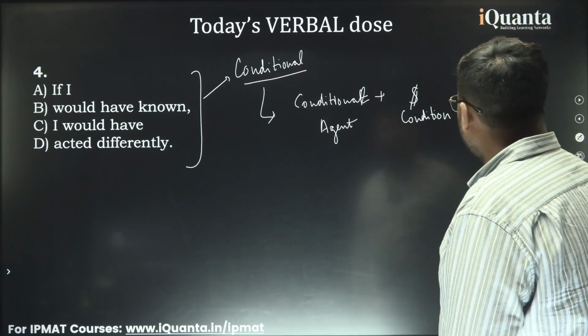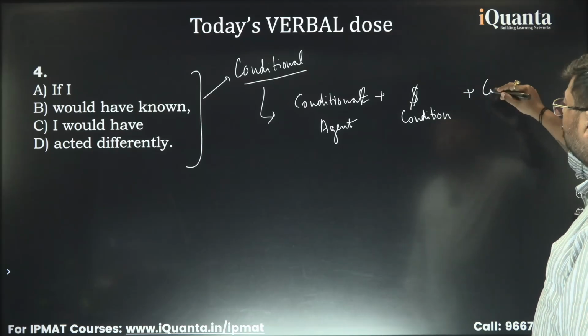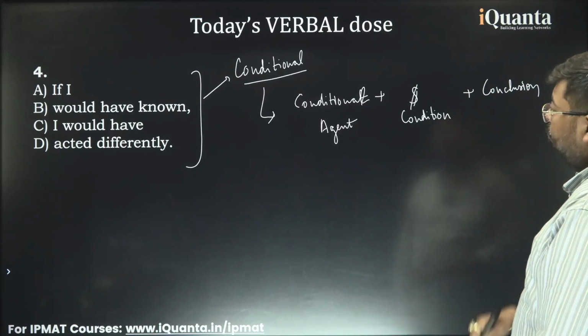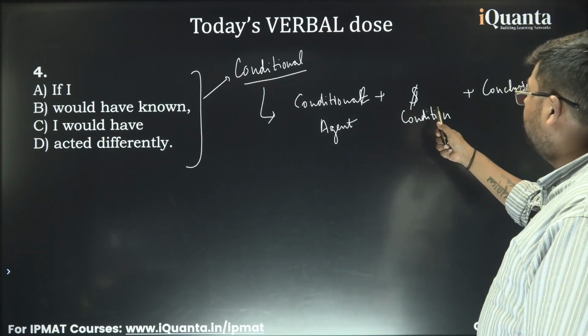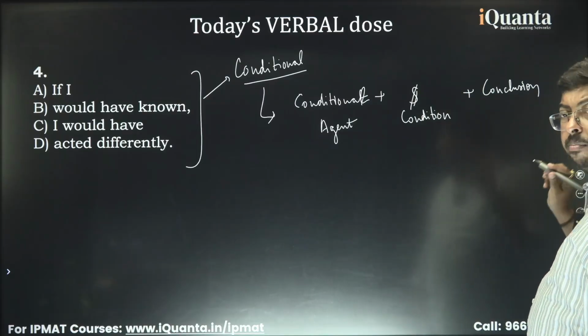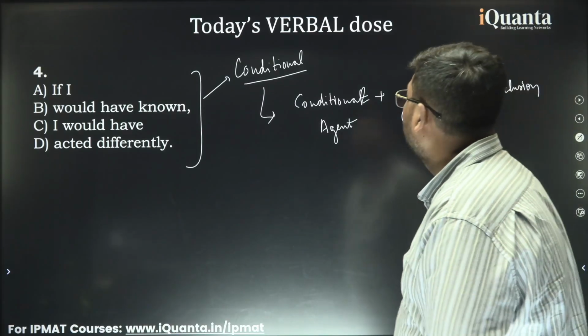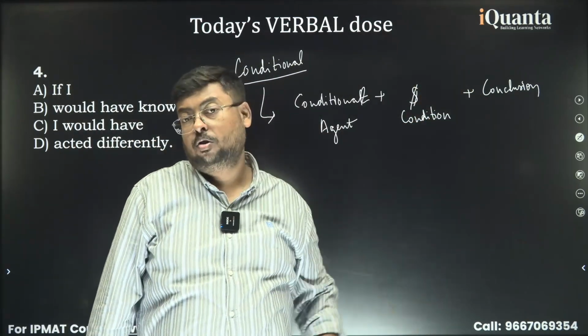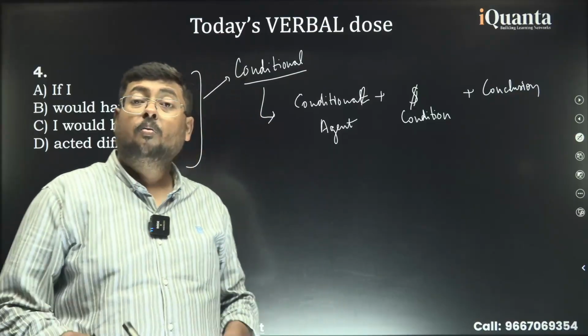And the third part is the conclusion, the outcome. If this would happen, then that would happen, something like that. So we have got the conditional agent, the condition, and the conclusion.